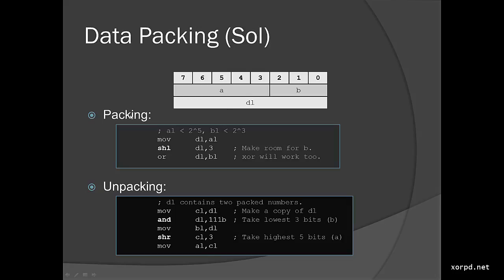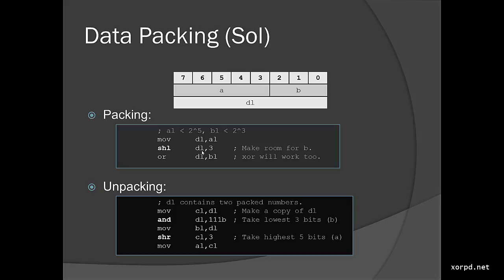We begin with the packing. We want to pack the two numbers which we get as input, AL and BL, and we consider the contents of those two numbers to be A and B, respectively. So first we move AL into DL, then we shift left by 3. To make room for B, we are going to put B inside here.